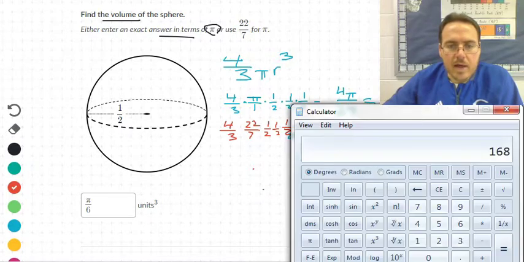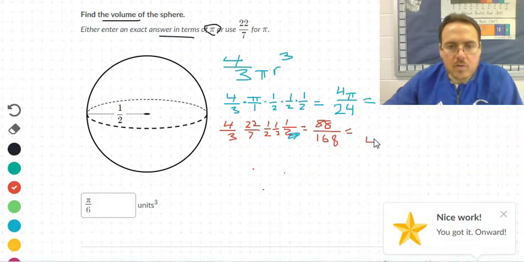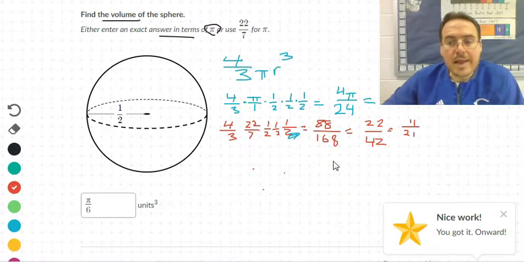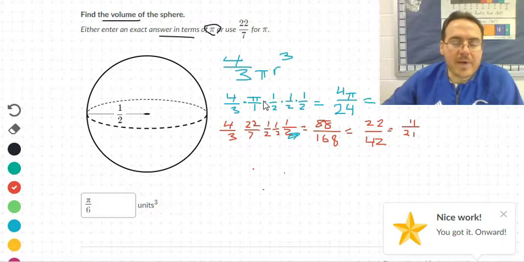Those would simplify down quite a bit. Divided by 4, 88 becomes 22 and 168 becomes 42. Divided both by 2 again, that'd be 11 over 21. So you could have done it either way. But I'm kind of enjoying just leaving pi over 6 myself.